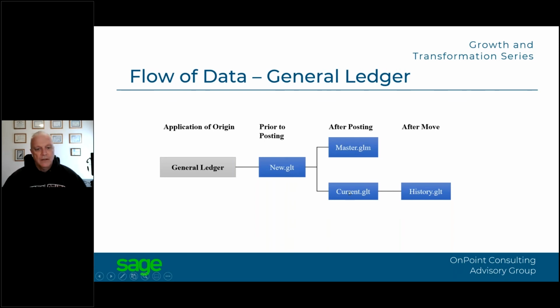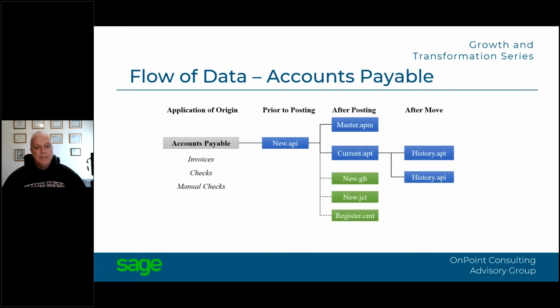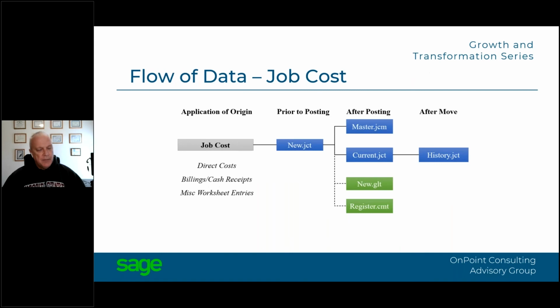We're repeating what we said, just a visual here. If you archive, you're moving transactions out of your current GLT into your history GLT. AP is a similar concept. Job cost is a similar concept.